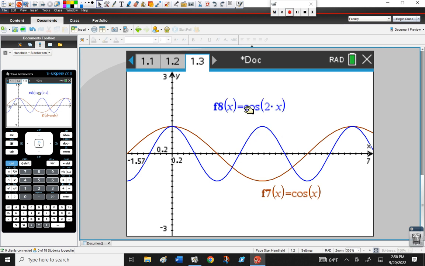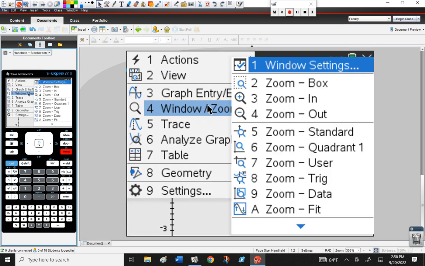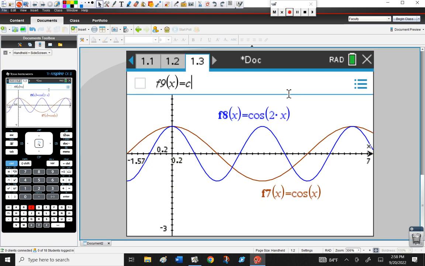So this graph has a phase shift of 2, okay? Phase shift of 2. It repeats itself twice. I can make it repeat itself more times. Check this out. I'll just do a ridiculous one. I'm going to make it repeat itself, oh, I don't know, 8 times. So 8 times.